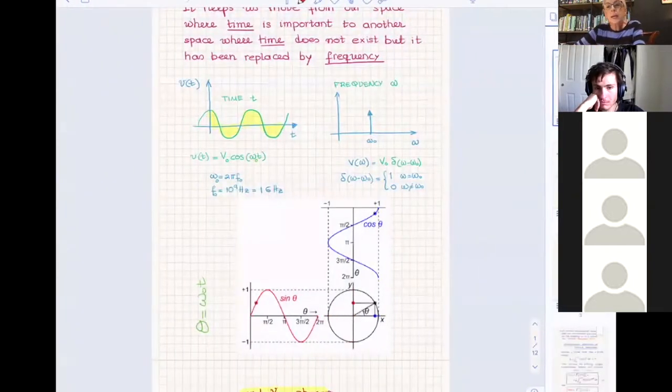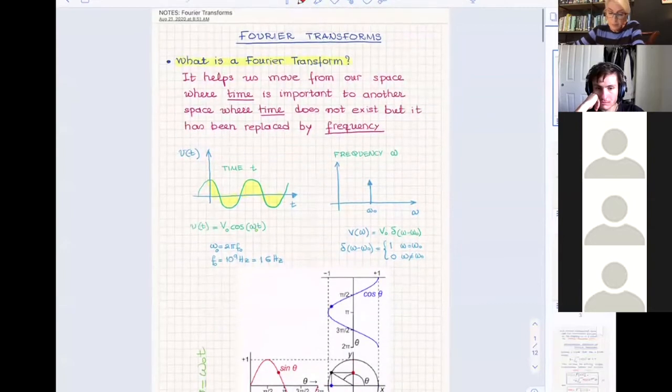All right, now that we have seen why we need a Fourier transform, let's talk a little bit about what a Fourier transform is. Let's get a little more in depth. The reason we want to do that is not so much because we will have to solve circuits.